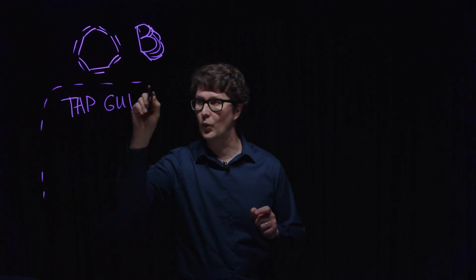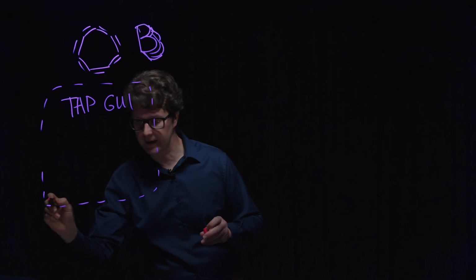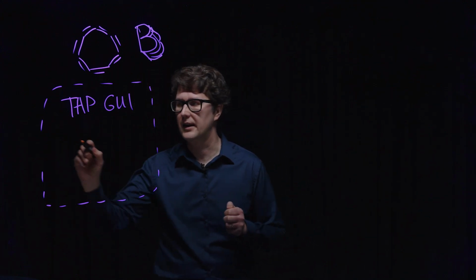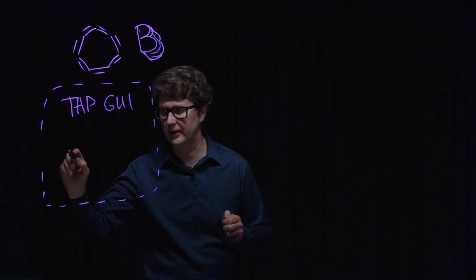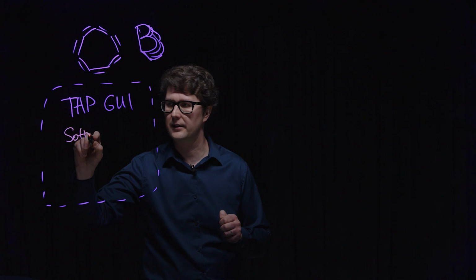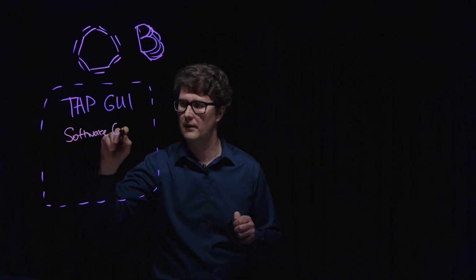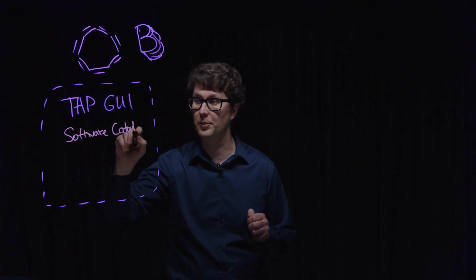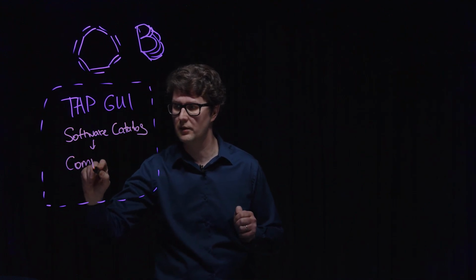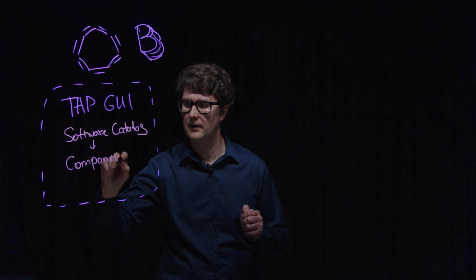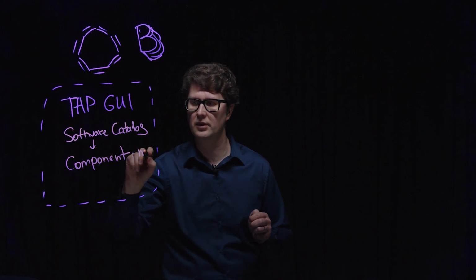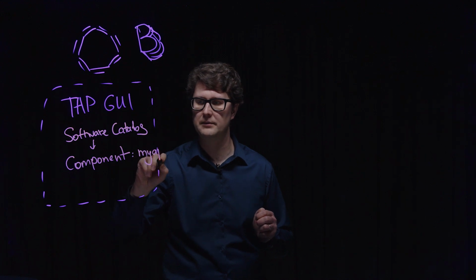And once inside, once our user is logged in, they need to select a specific component from the software catalog. So we'll go with the software catalog plugin. We select a specific component, and maybe let's say a component that is called My App.